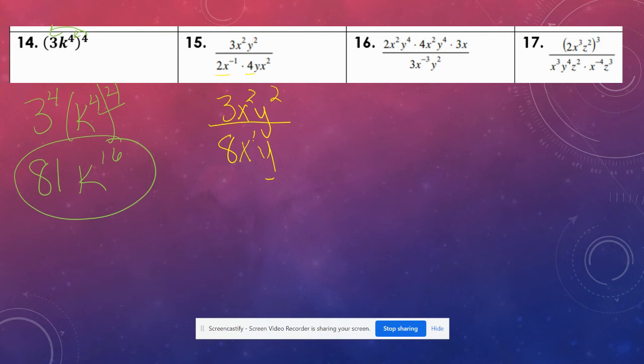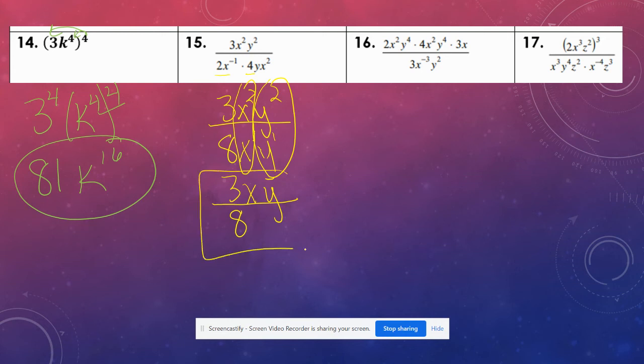If I reduce this, I cannot reduce 3/8. Subtracting for the x's, 2 minus 1 is 1, so x to the first. Same thing with the y's, 2 minus 1 is 1. And so our final answer would be 3xy over 8.